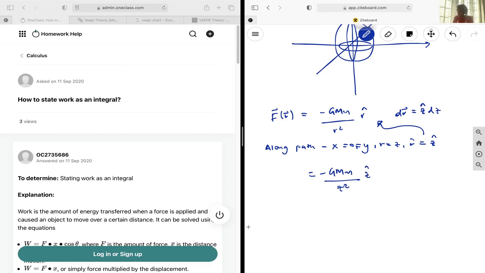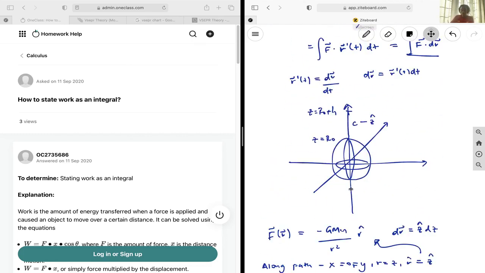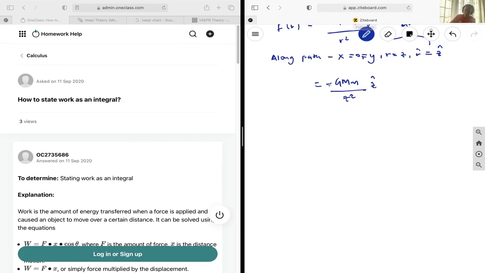Okay, and so now we're just going to put all of that into the equation we found for the work done. So the work done is going to be equal to the integral of F dot dr, and so that is going to be the integral of negative G M m over z squared z hat, and then dr is z hat dz.